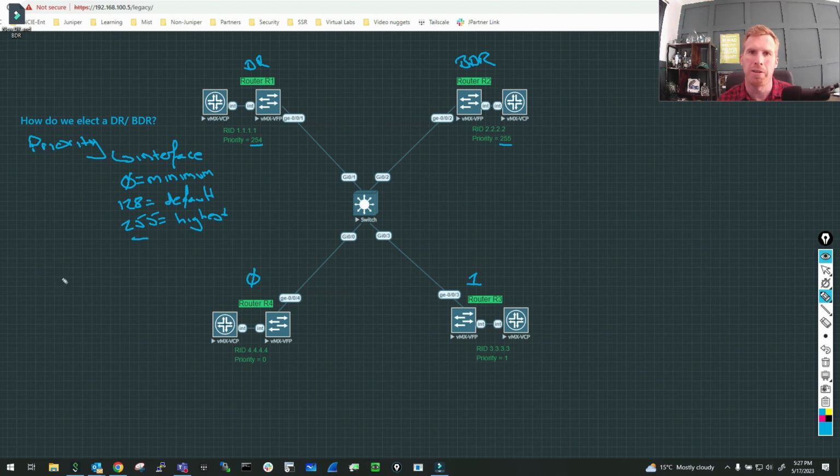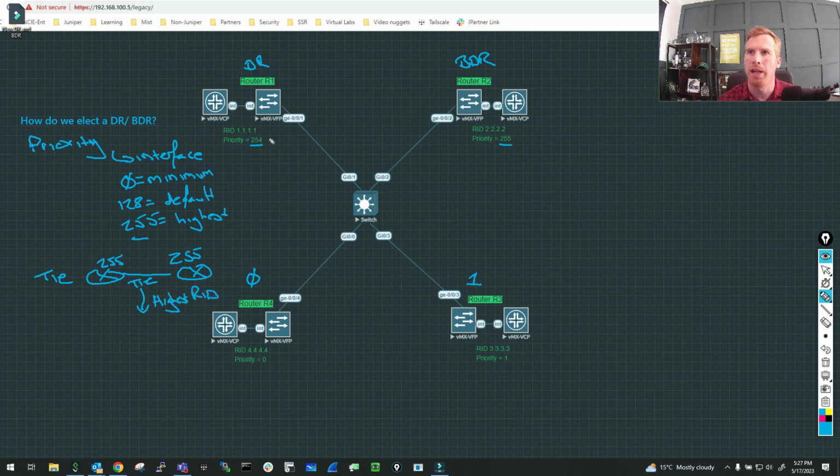So those are the priority values, but what happens if there's a tie? Say you've got two routers and both of them have a priority of 255 or whatever it may be, the same priority. How are you going to break that tie? Well, it comes down to which router has the highest router ID.